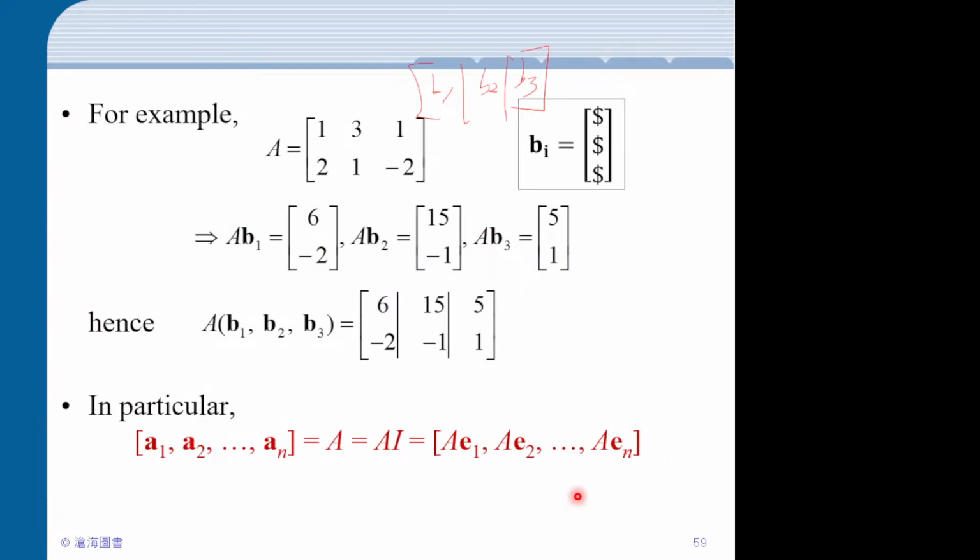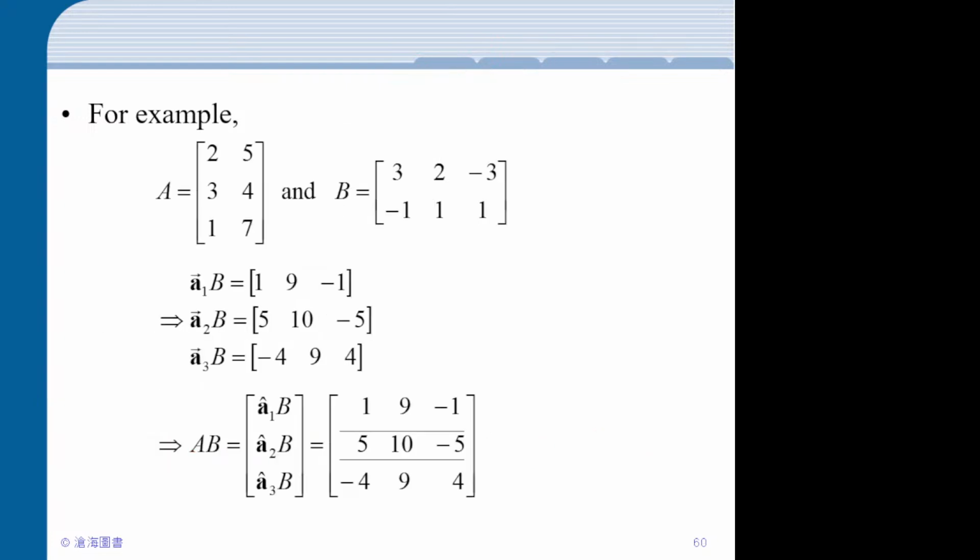And another example of this is if you think about B being the identity, then you just have those standard basis vectors picking off every column of A. Okay.